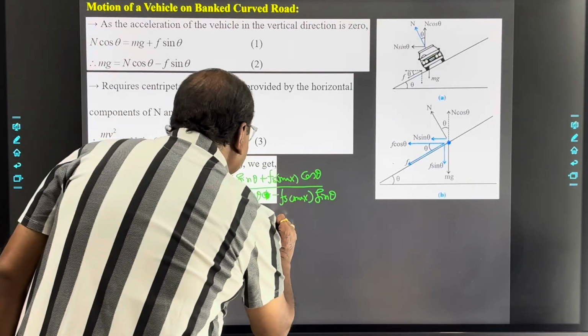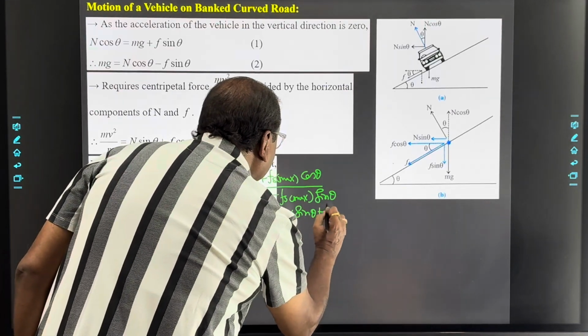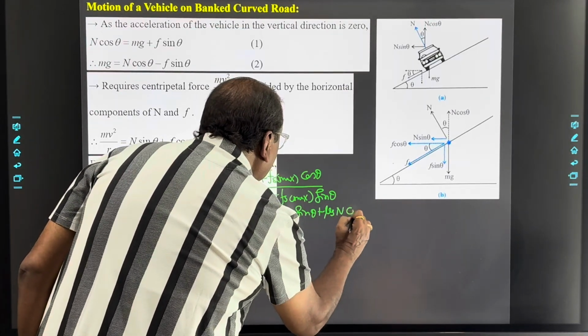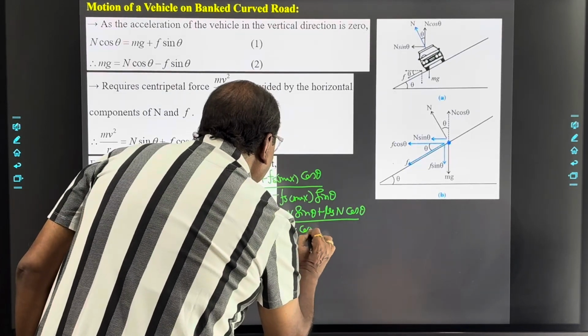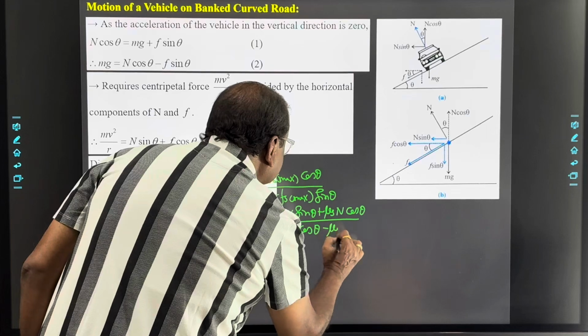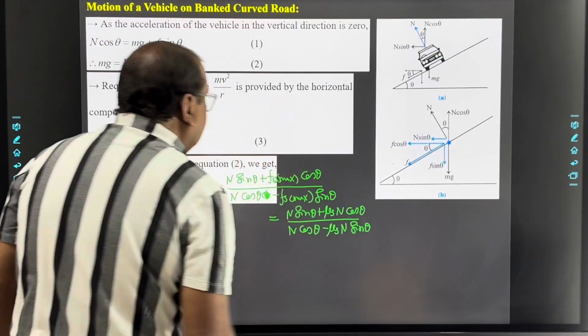So we can write this is equal to n sin theta plus mu s n cos theta upon n cos theta minus mu s n sin theta.